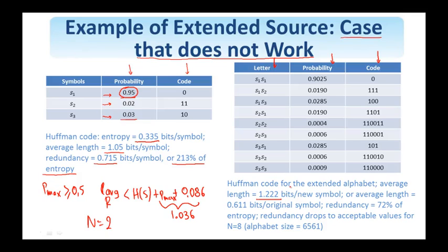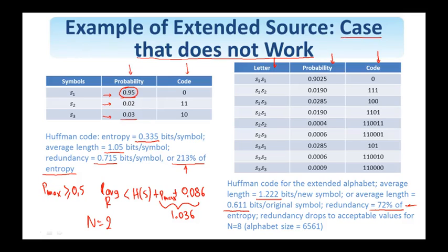I divided by 2, so the rate is so many bits per original symbol, and the redundancy has dropped, but only to 72% of entropy. So we went from 213 to 72, so there's definitely a benefit in extending the source, but 72% still makes it a very inefficient code.